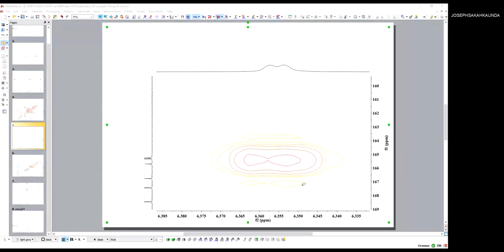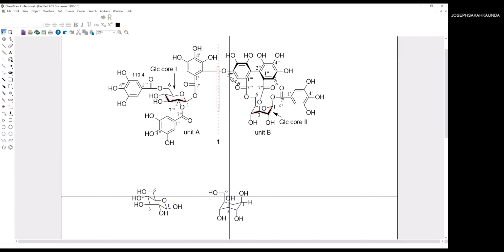let me share again. New share. ChemDraw. You see, this is glucose 1. You see, proton 1, 6.36, showed correlation with 165. This value is 165.4. So you draw it this way.